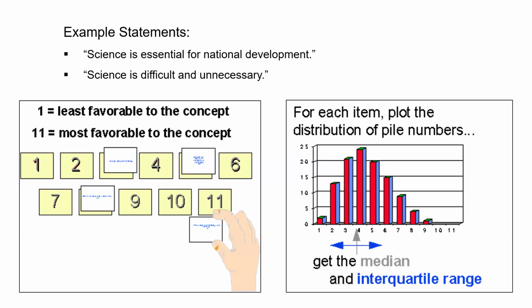If you mark 11, science is difficult and unnecessary, you agree with that statement. I mean, you say 95 or 100% you believe it.